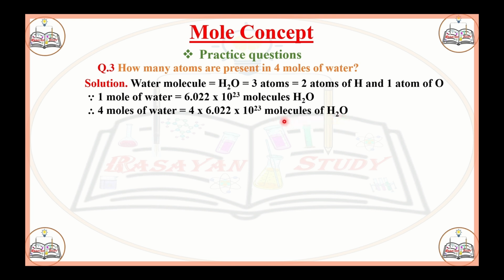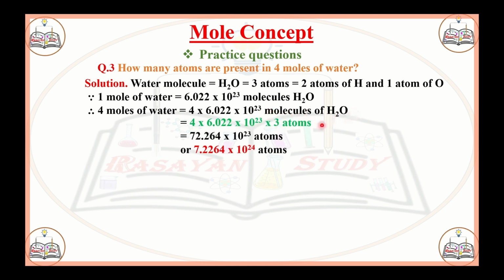Now here we are told to find how many atoms are present. It is not specified what kind of atoms. So here we simply have to convert the molecules into atoms. So these many molecules will have these many molecules times 3 atoms, because 1 molecule has 3 atoms. So simply multiplying this, you get 7.2264 × 10^24 atoms.